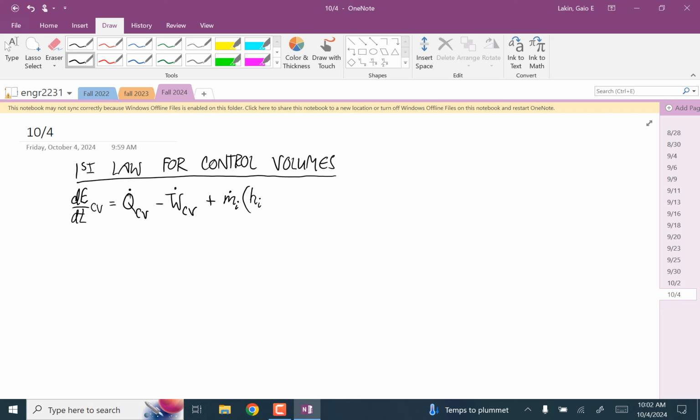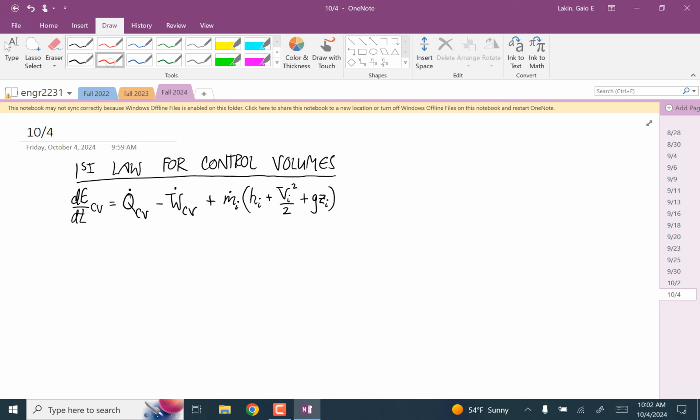And then plus the speed squared at the inlet over 2. That's from the kinetic energy. Plus g times the height at the inlet. And that's that.